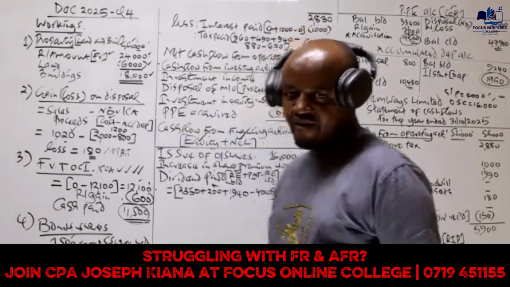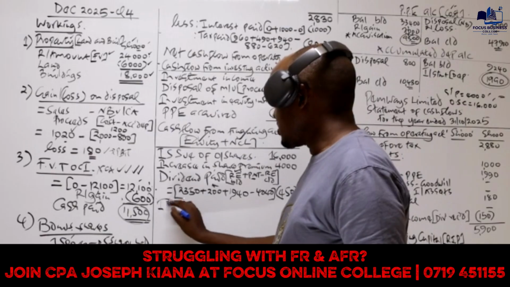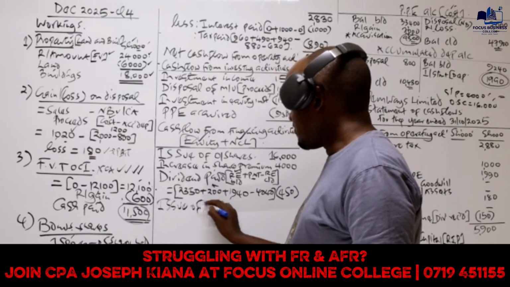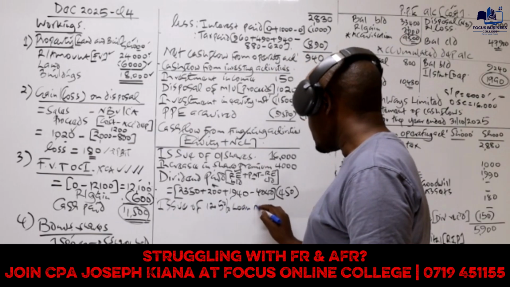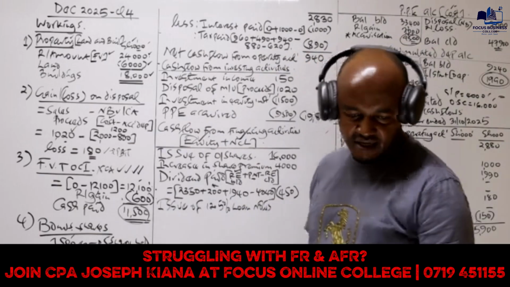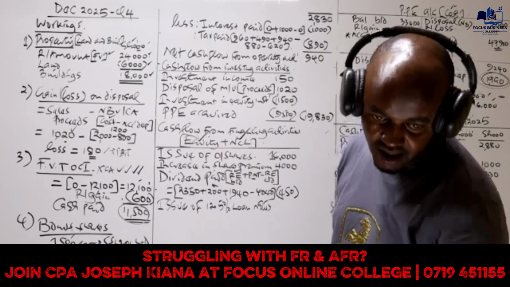12.5% loan notes. So if the company issued loan notes, the company receives some cash. So here we will say there was issue of 12.5% loan notes, which is equal to the increase. So how much is that increase?